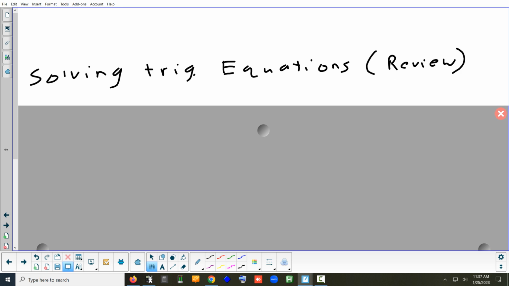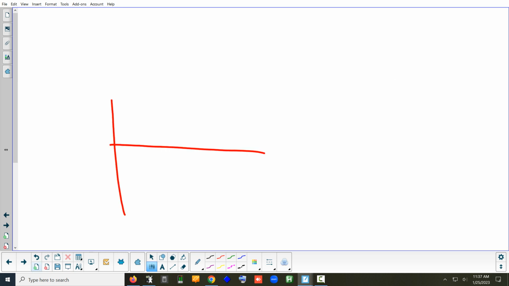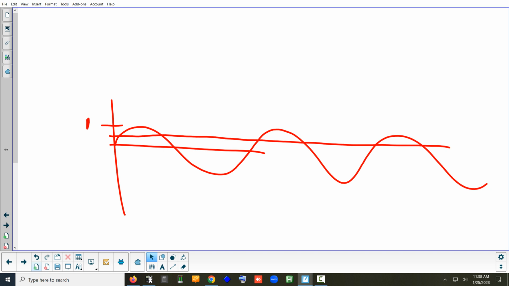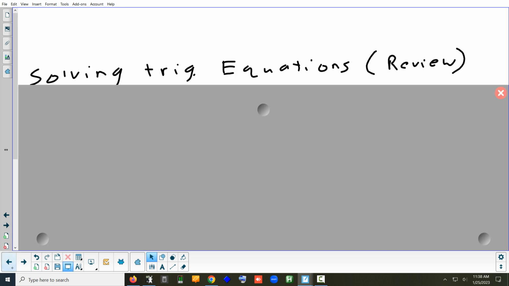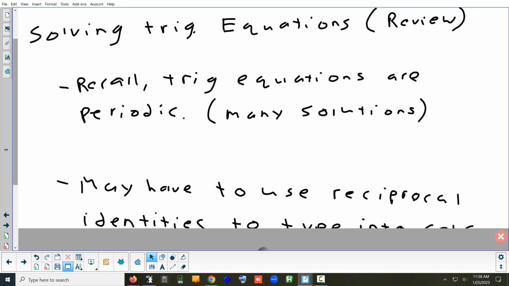Okay, remember that when we're solving trig equations, we've done this before. If you had a wave, and let's say I asked you where that sine wave hits 0.5. Well, 0.5 is right about there. How many times does it hit 0.5? Infinitely many, right? So remember, because the trig functions are periodic and they repeat, you're going to keep getting the same answer over and over.